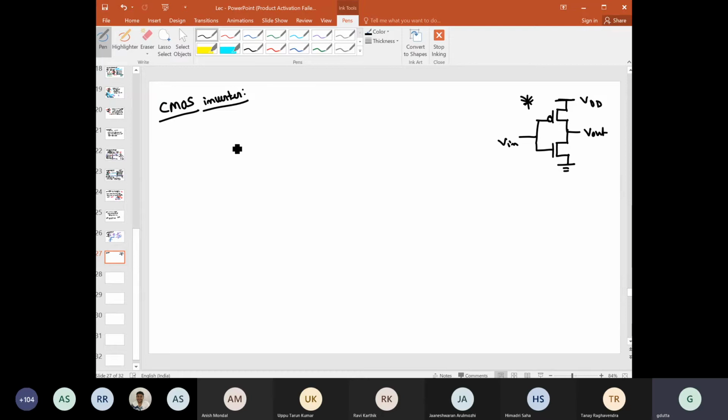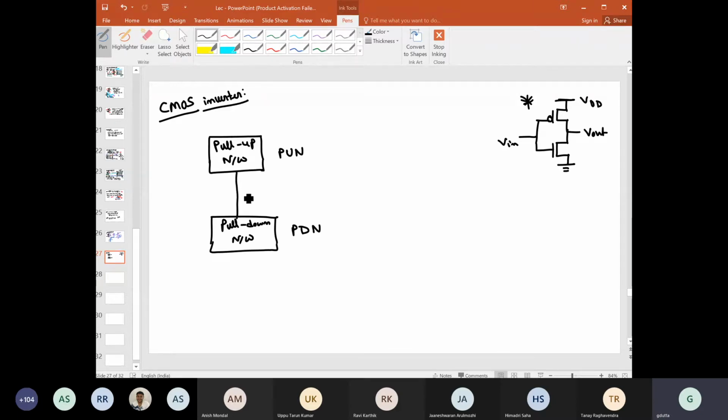So what we understood is that there should be some pull-up network, sometimes called PUN, and some pull-down network, in short known as PDN. There should be a connection between pull up and pull down.